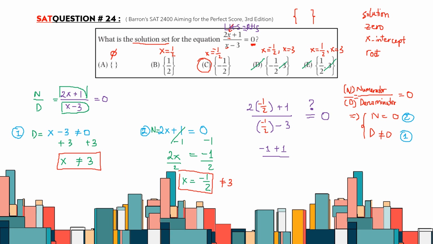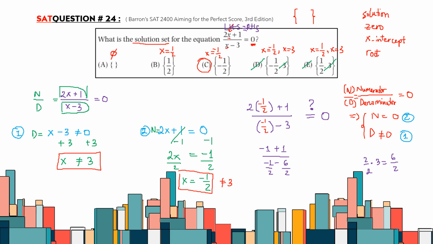Then at the bottom we have negative 1/2 minus 3. I make a common denominator here, so we multiply 3 by 2 over 2. 3 times 2 is 6, and then 2 at the bottom.